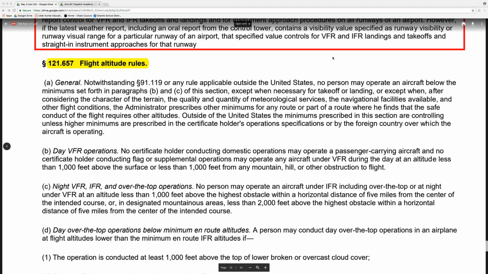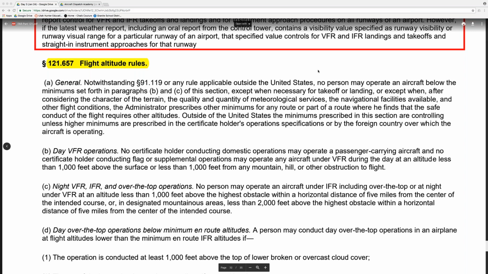Under flight altitude rules, altitude. Notwithstanding 91.119 or any rule applicable outside the United States, no person may operate an aircraft below the minimums set forth in paragraphs B and C of this section, except when necessary for takeoff or landing, or except when, after considering the character of the terrain, the quality and quantity of meteorological services, the navigational facilities available, and other flight conditions, the administrator prescribes other minimums for any route or part of a route where he finds that the safe conduct of the flight requires other altitudes outside the United States.